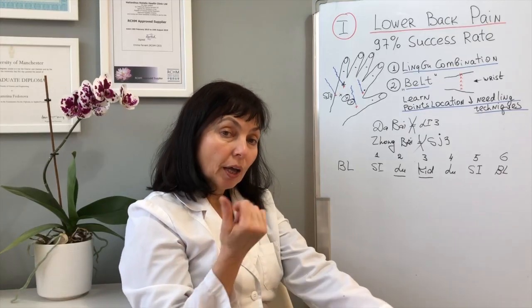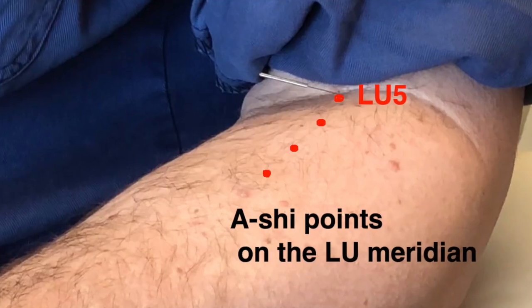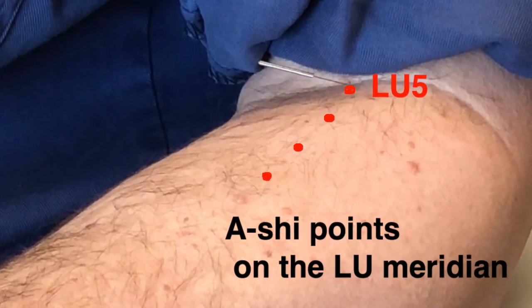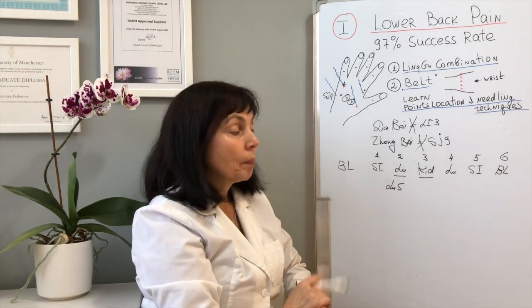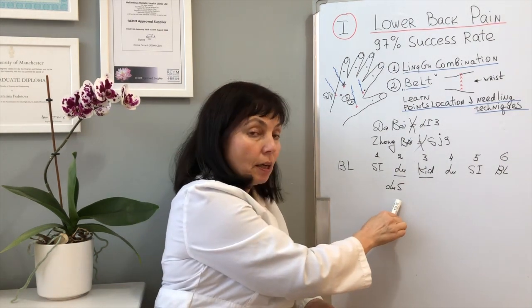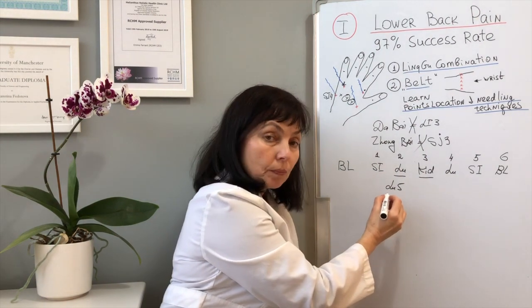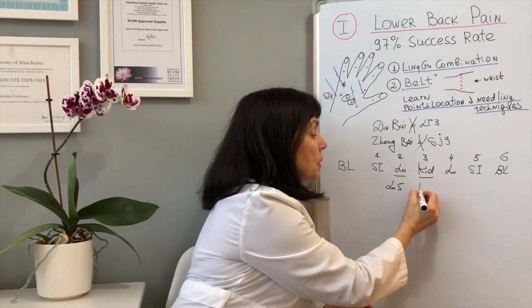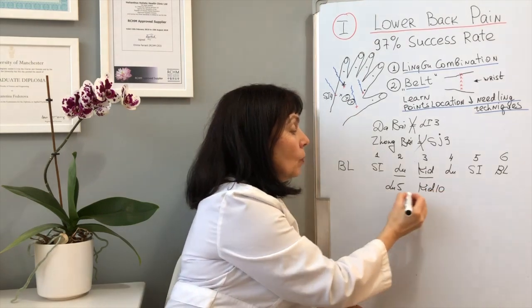So if you find Ashi points somewhat around lung 5 and needle them, that will subside the pain even lower. You can also use the same points on the kidney meridian, all Ashi.